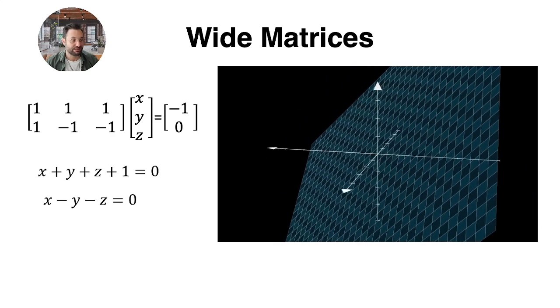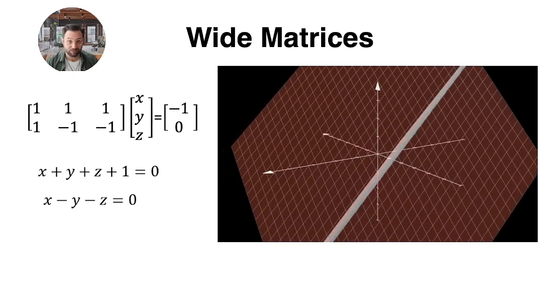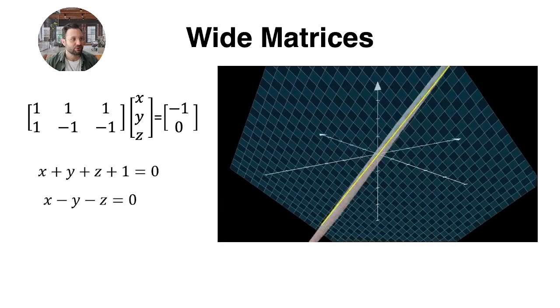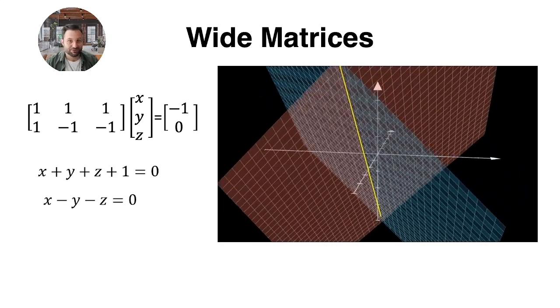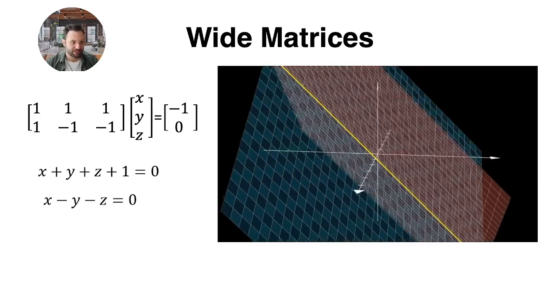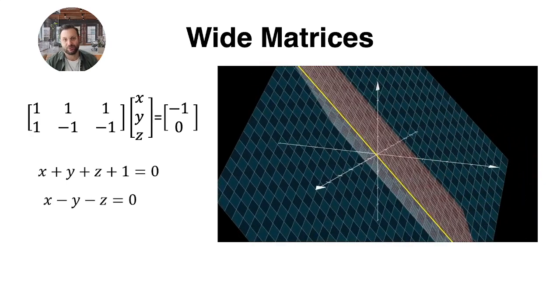One plane is this one, and this is the second plane. And there's an intersection of these two planes, which forms a line, and that is the solution space of this set of equations. We have always learned this.